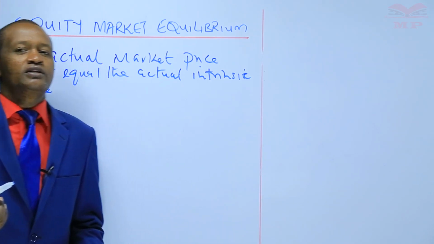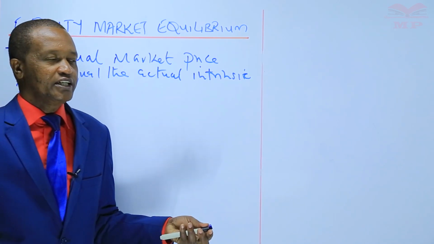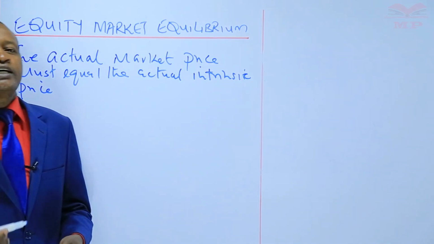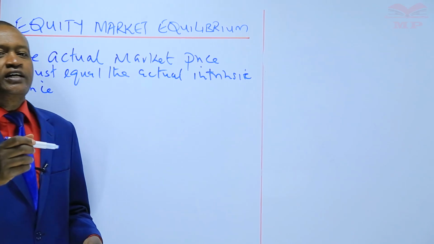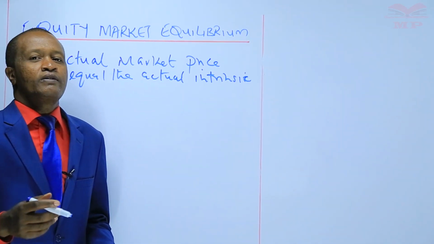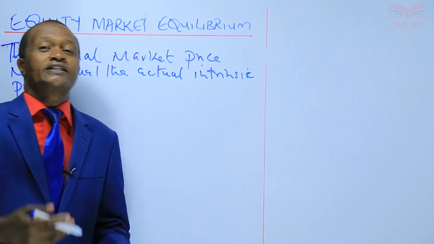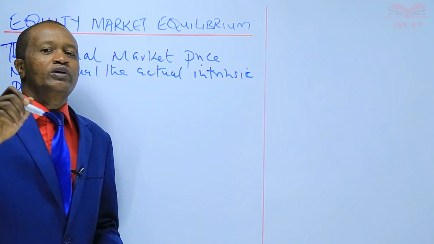Or I can say, in equilibrium, the actual market price of a stock must equal its intrinsic value as estimated by the marginal investor.